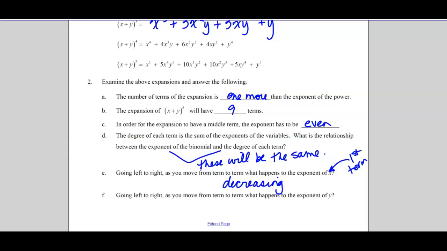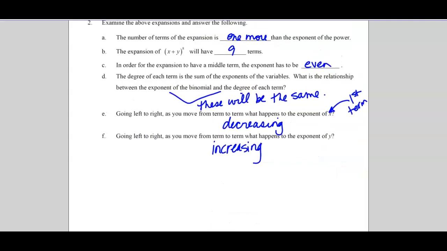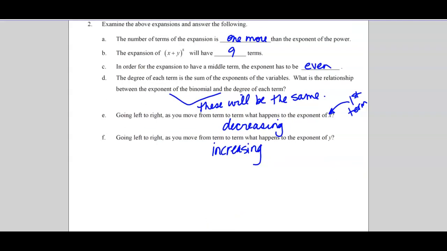It would be what our y is. So that's our next one. Going from left to right, as you move from term to term, what happens to the exponent of y? Well, there isn't a y, so it's 0, 1, 2, 3, 4, 5. Okay. So that's in particular for this binomial expansion of x plus y. Obviously, you switch the variables, and switch the answers there.